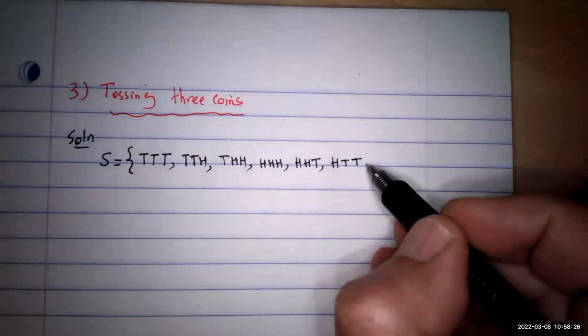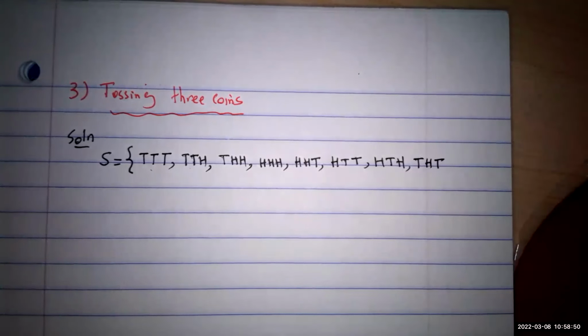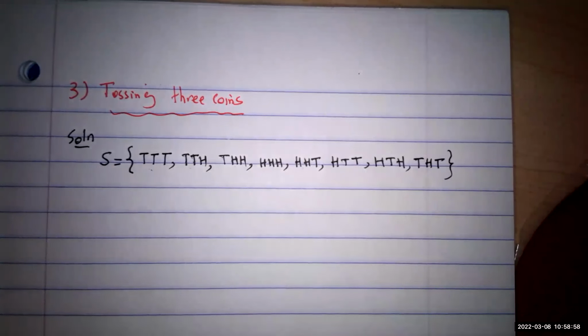We need one more. Tail, head, tail. Yes, you are right. That's it. You get 8 possibilities. There is no other possibility. 1, 2, 3, 4, 5, 6, 7, 8.